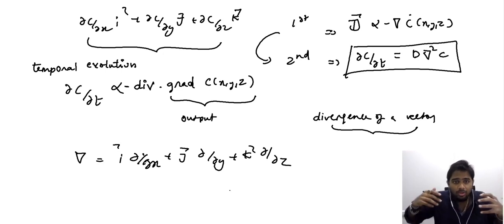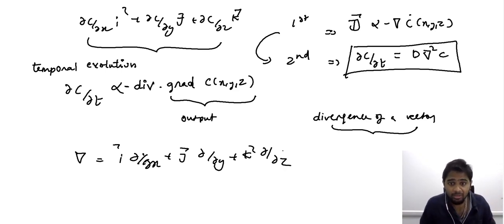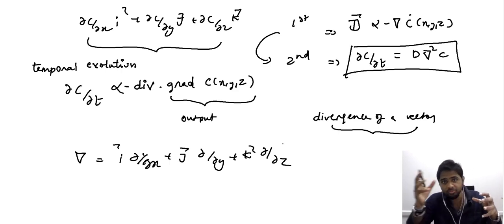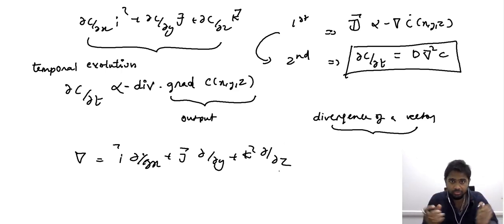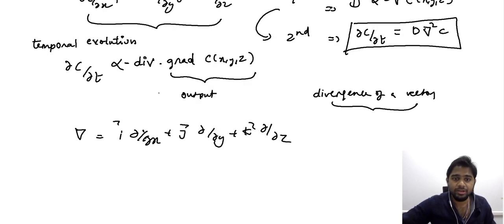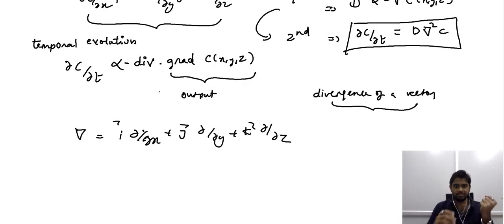Now this nabla, when it is used in the context of a dot product, when it is treated as a vector and used along with another vector as a dot product, then what we are essentially doing is coupling this nabla operator to a vector.